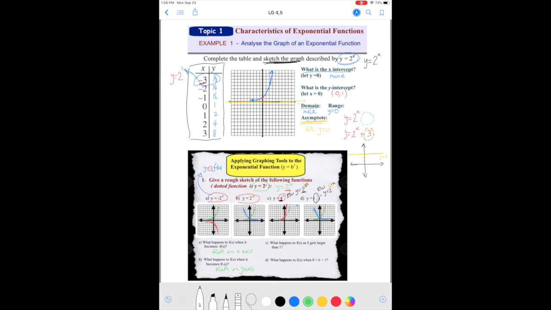Well, we can say it is a horizontal compression. And what happens to the function when it's between 0 and 1? It becomes a reflection on the y-axis.